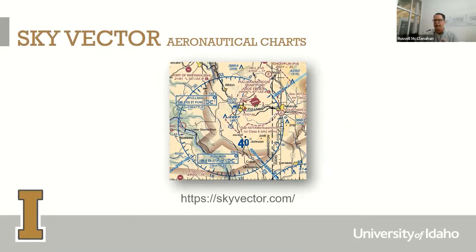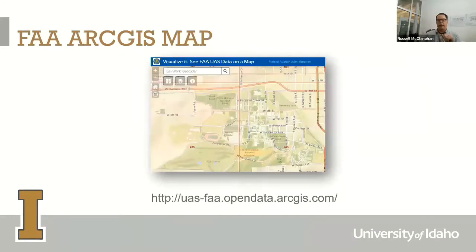One thing about SkyVector, it will actually show helipads that will not show up on the ArcGIS map through the FAA, and it also shows private airstrips, which will not show up on the ArcGIS map. So this is a great resource if you're not really sure if there's anything of concern in the area where you want to fly. I would go ahead and check out SkyVector.